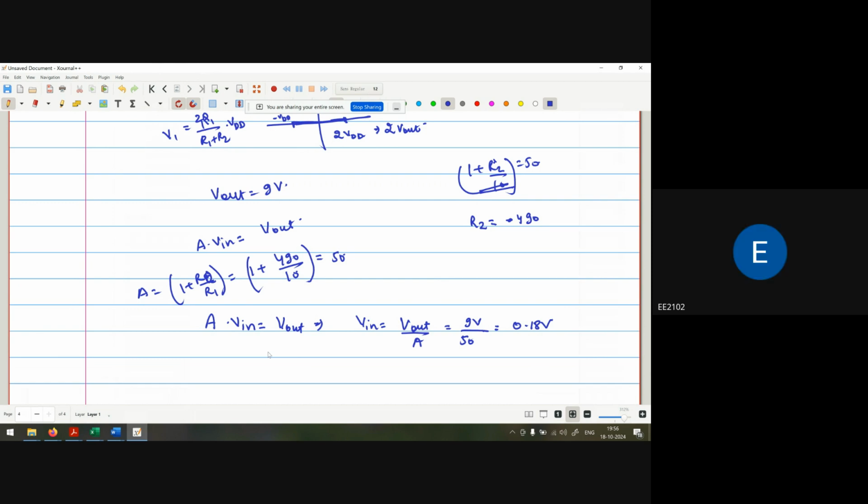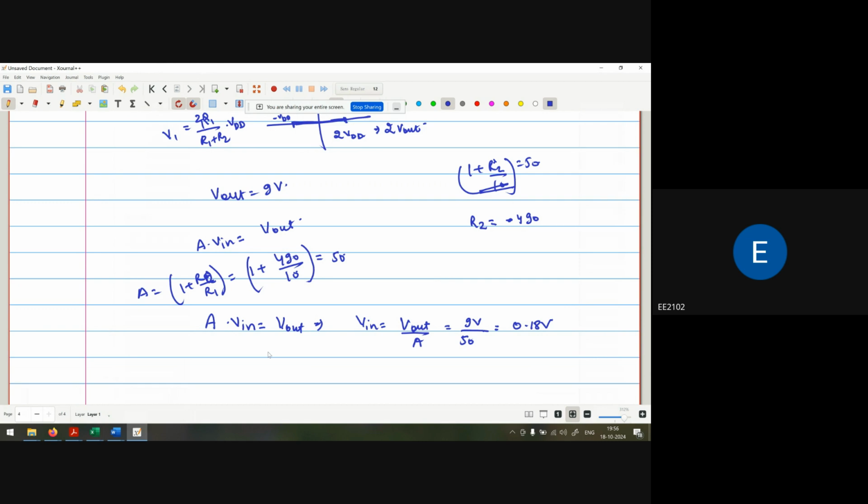If I am talking about the voltage gain, it is the voltage at the input side, which is the combination of the positive and negative voltages. This voltage gain is different from the overall open loop gain.